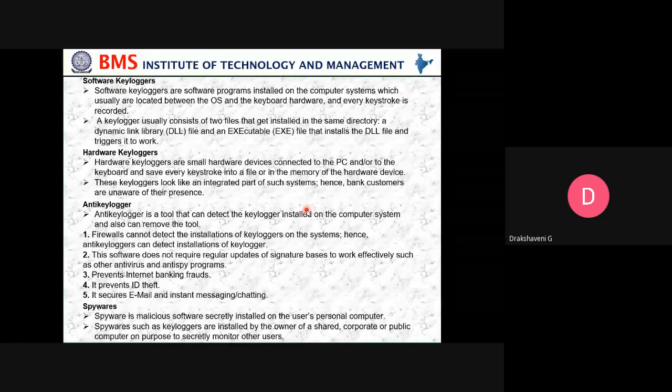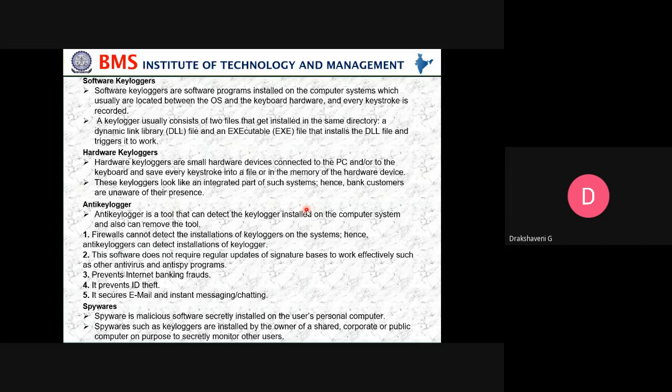A keylogger usually consists of two files that get installed in the same directory: a dynamic link library file and an executable EXE file that installs the DLL file and triggers it to work. Then what is a hardware keylogger?